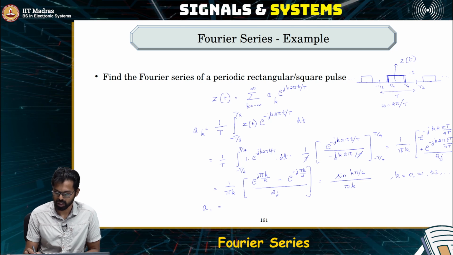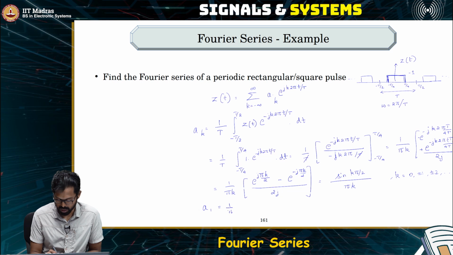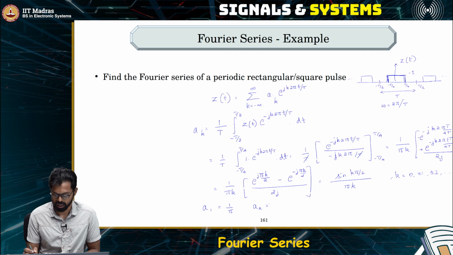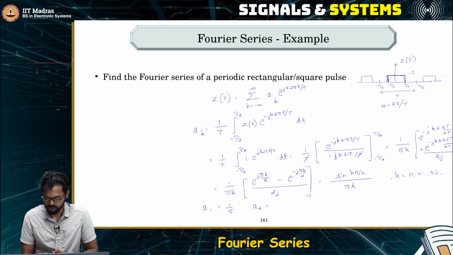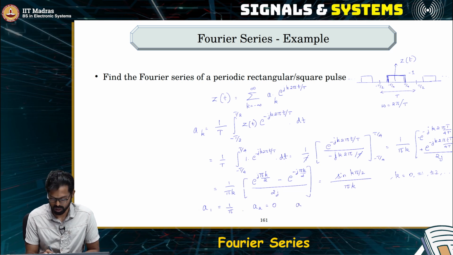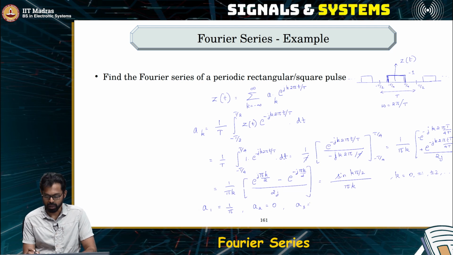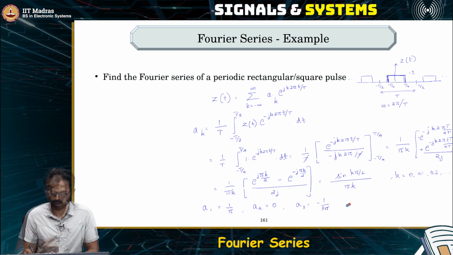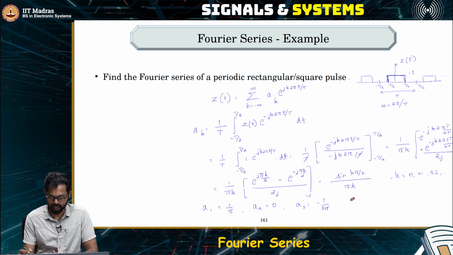You simply get sine pi by 2 by pi, which is nothing but 1 by pi. a2: once again, substitute, sine 2 pi by 2 by pi k, which is 0. a3 is sine 3 pi by 2 by pi k, which is nothing but minus 1 by 3 pi, and so on. So you can compute a plus or minus 1, plus or minus 2, plus or minus 3 like this.